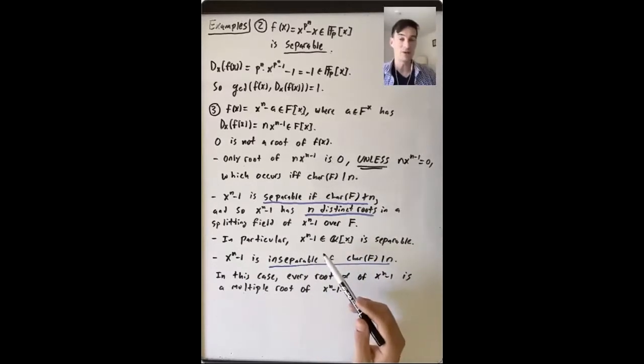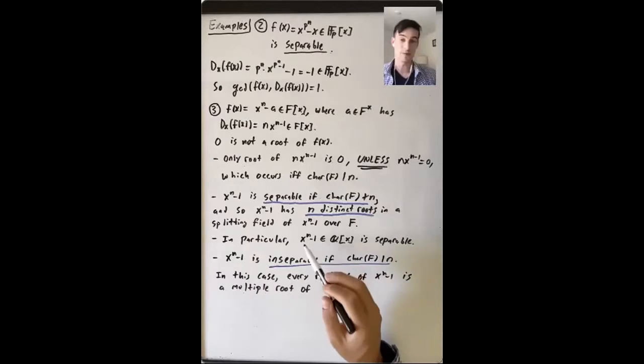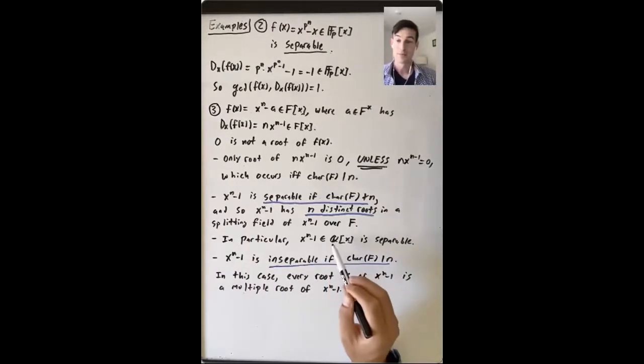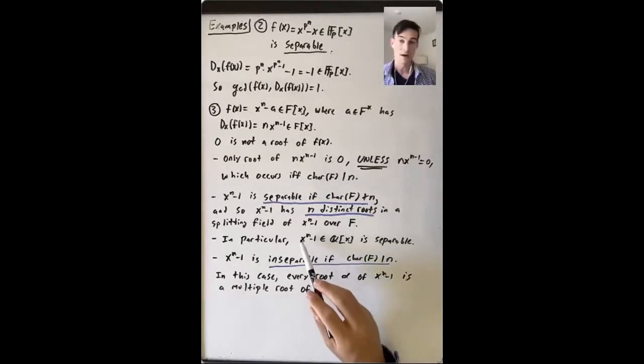And this goes back to a few lectures ago when we talked about the nth cyclotomic field, the cyclotomic field of nth roots of unity, which was a splitting field for x to the n minus 1 over Q. So there was one splitting field where we could describe it explicitly in terms of e to the 2 pi i over n and powers of it, these complex nth roots of unity. But in an abstract splitting field, it was not clear that there were n distinct roots of this polynomial.